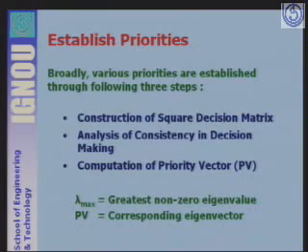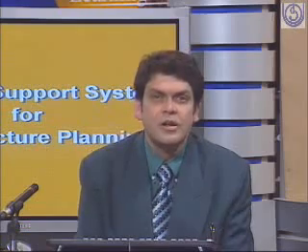Students, you all may be aware, and you all may be thinking what this eigenvalue and eigenvector is. Let me take you to your mathematics course, where you might have studied rank, order of matrix, and you also know that for a square decision matrix you can always calculate the eigenvalue and eigenvector.